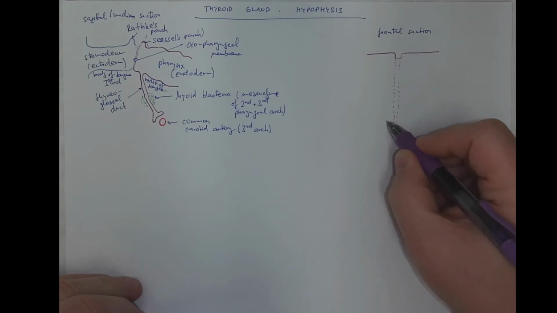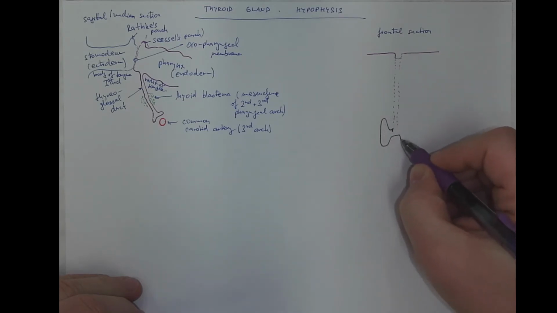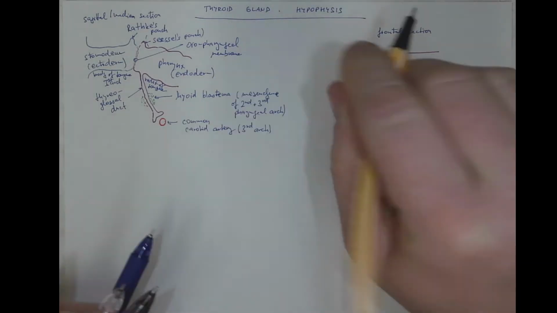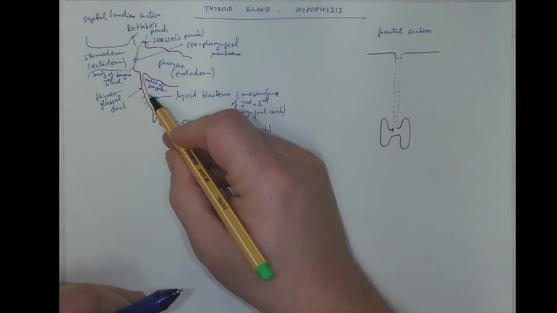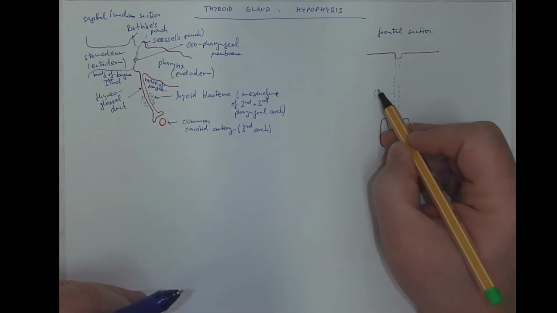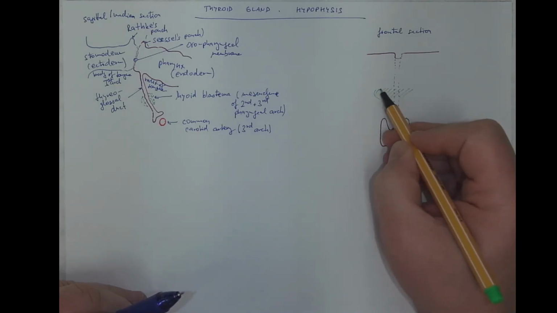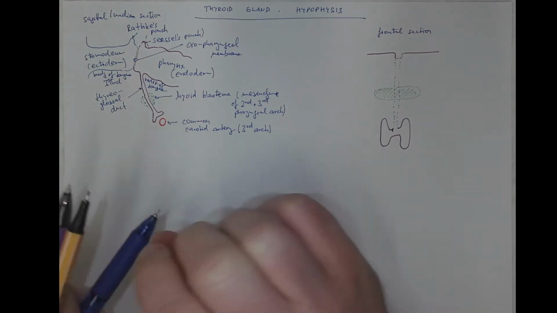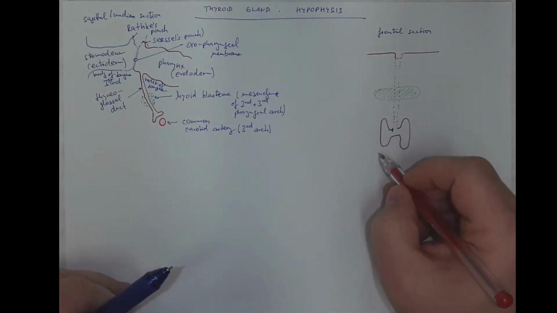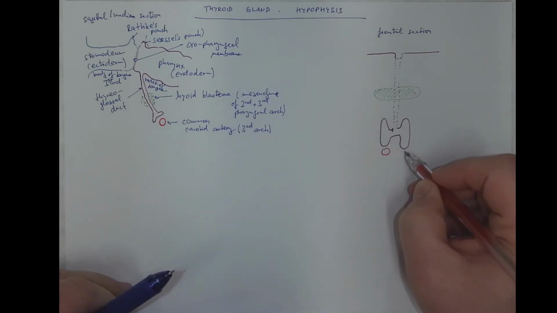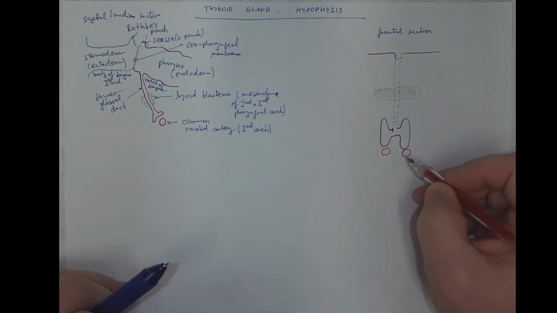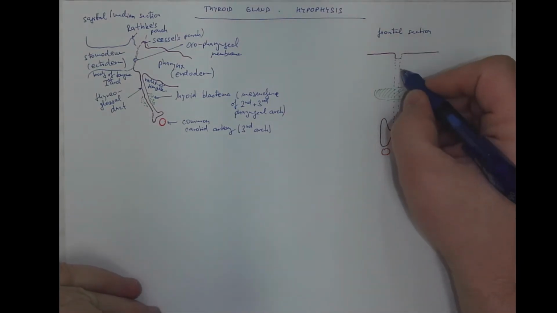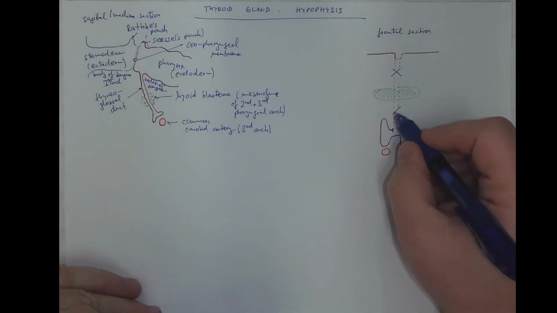So the isthmus and the right and the left lobe. Here, this mesenchyma gives rise to the body of the hyoid bone. In the vicinity of the thyroid gland, we can find the internal carotid arteries, and the thyroglossal duct disappears.